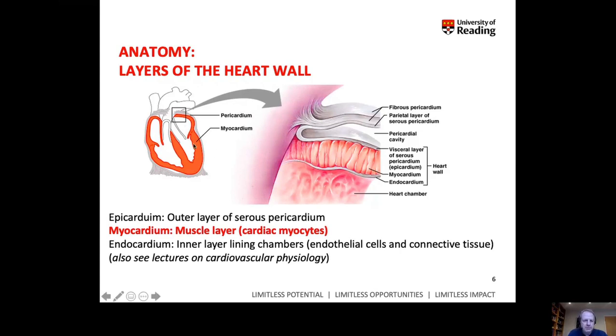Probably the take-home message here is we've got an epicardium and an endocardium, the outer and the inner layer surrounding the heart. Most importantly, in terms of contraction, is the myocardium that we mentioned before. So the myocardium is a muscle layer connected by gap junctions and made up of these individual cells called cardiac myocytes. And again, this is where it fits into this diagram here.